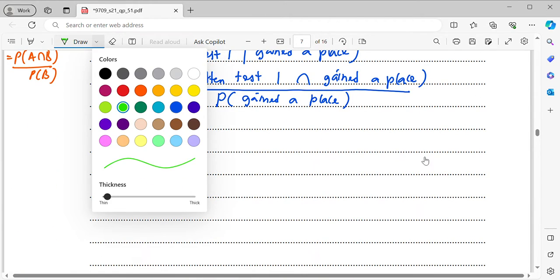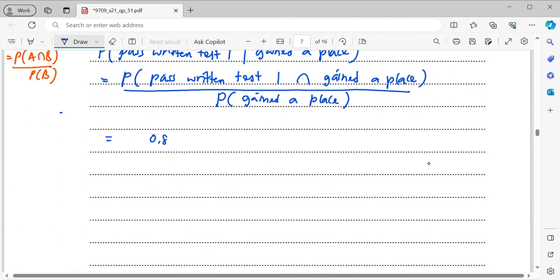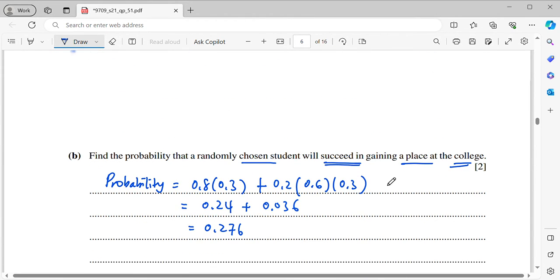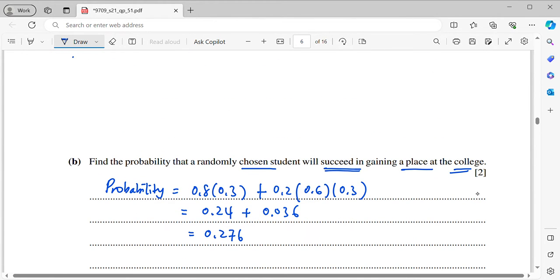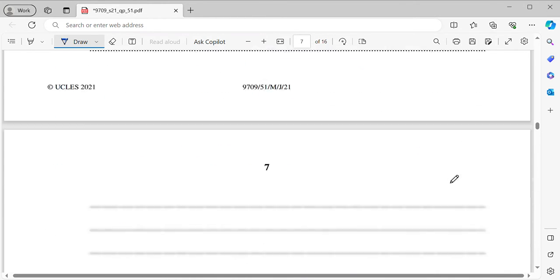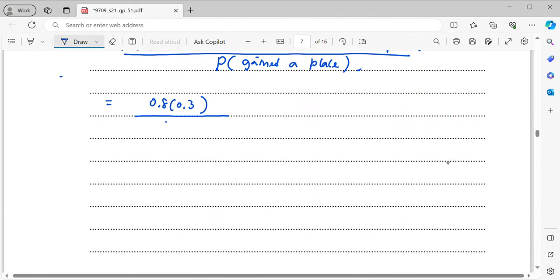Then I will be getting 0.8 times 0.3 divided by the probability of gaining a place at the college, which is part B, which we have found: 0.276.